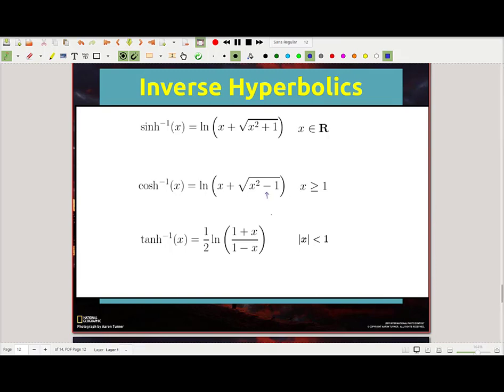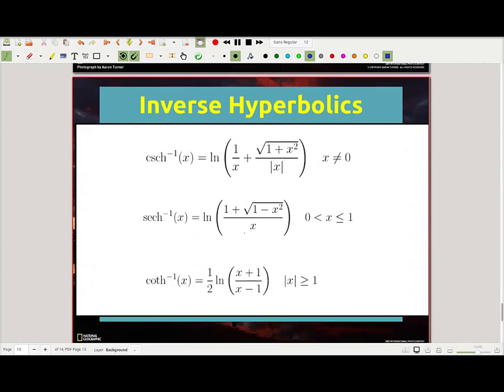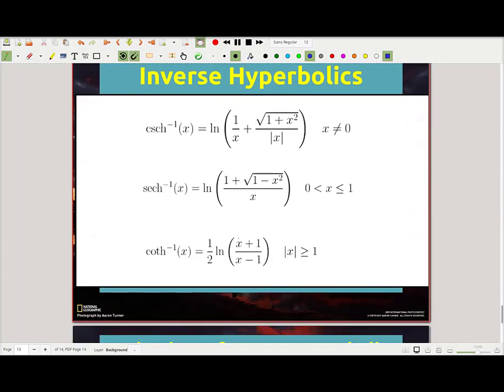Slight difference here. And notice also what the domain is for these functions. Here's the other three, cosech, sech, and cotanh inverse.